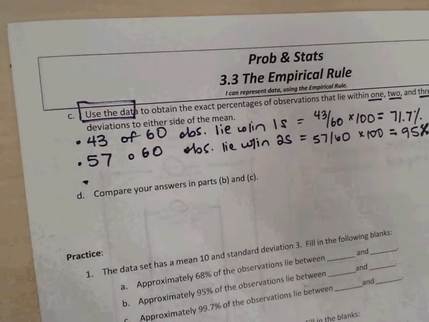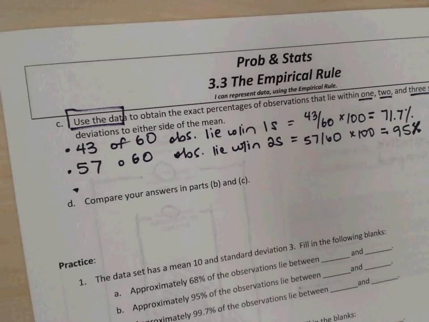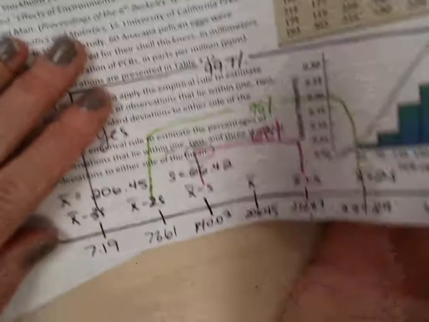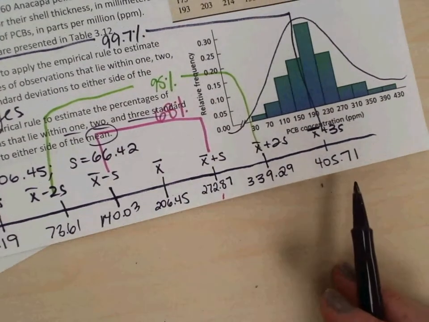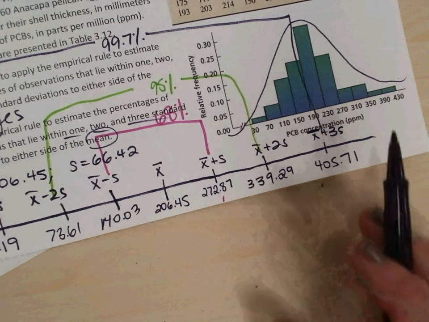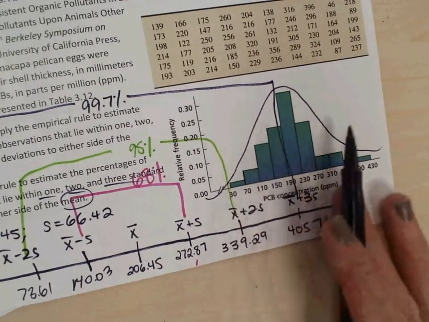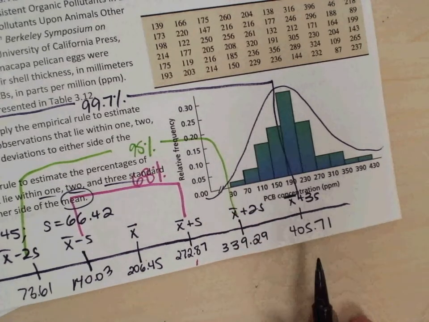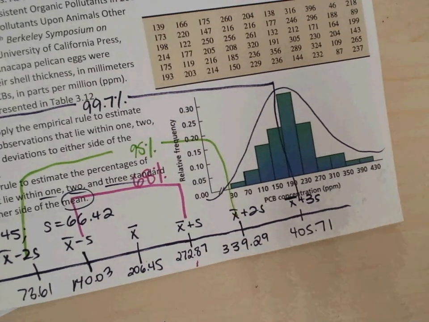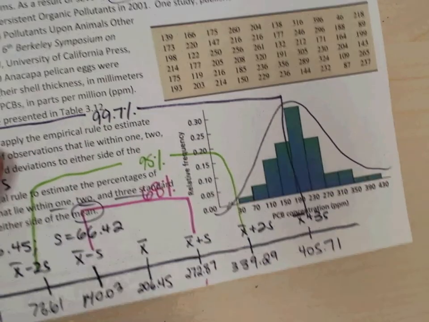And lastly, if I look through that whole list and try and find how many of the observations lie between 7.19 and 405.71, if I look through here, try and find one below 7.19. None. Something above 405.71. So is there a 406? There's not.